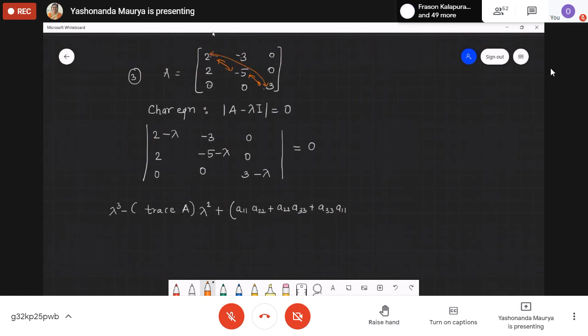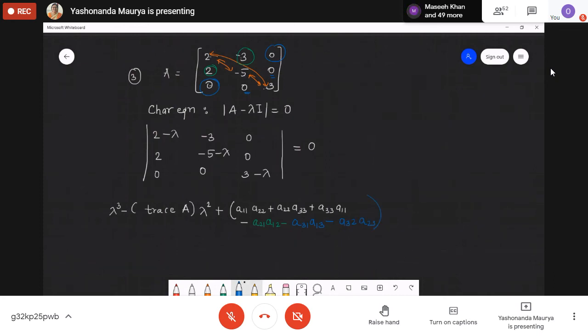Okay? Minus, what appears over here is this multiplied by this entry. So we have A21 A12, minus, now next, this entry multiplied by this one, A31 into A13, minus this into this, A32 into A23.